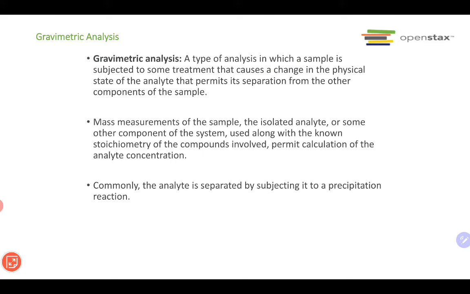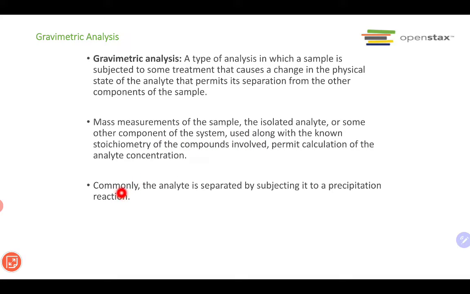Another type of quantitative analysis that we can do is something called gravimetric analysis. And this is, again, just a stoichiometry problem involving a specific kind of measurement. In this case, usually we have some sort of sample that we are trying to find the amount of, and we use some sort of chemical reaction to remove it from the system.